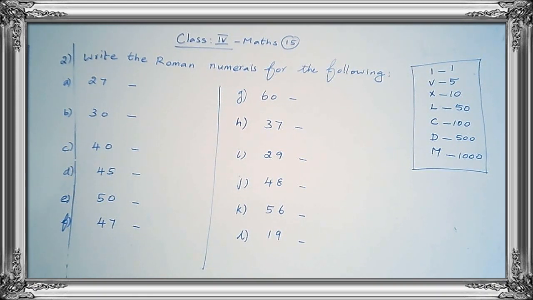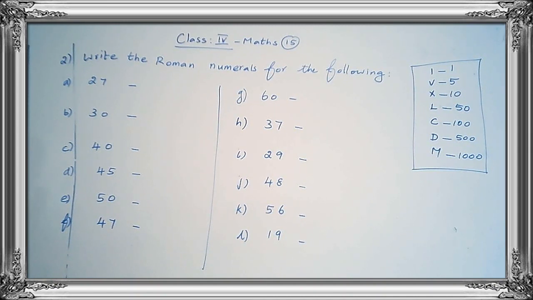Now your second question is, write the Roman numerals for the following. Here Hindu Arabic numbers are given. Now you convert them into Roman numerals. Are you clear? The numbers are given, and we have to write them in Roman numerals.